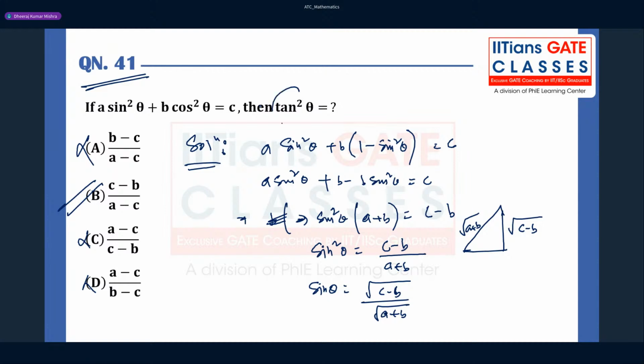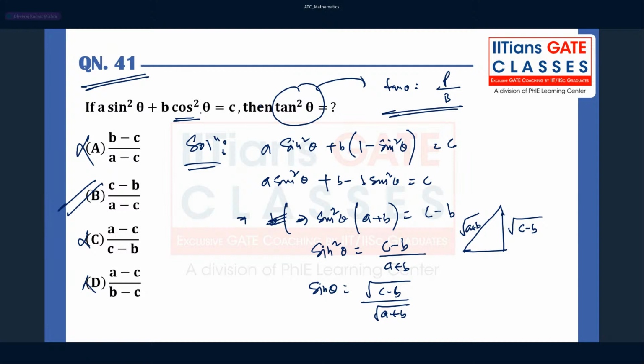In case of tan square, tan theta is perpendicular upon base. Srinidhi, yes, we can convert sine into tan, but you have to first convert this cos square theta using some identity.